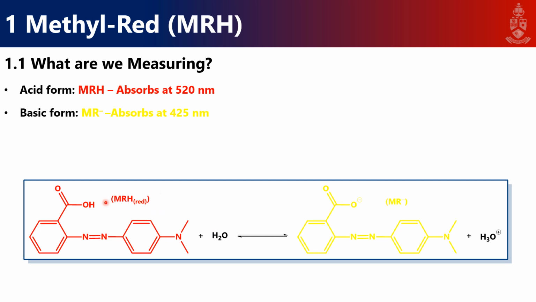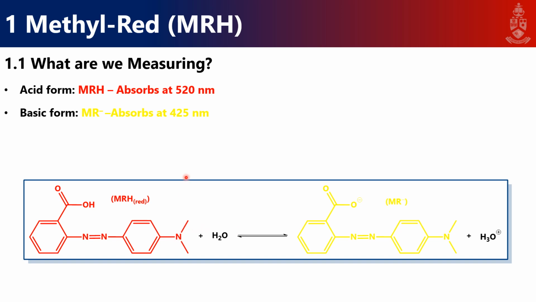Just to explain a little bit more, in terms of what you've seen in your prep guide, we have the protonated version, and then we have the deprotonated version. You see all the action is happening at this acidic proton in the MRH molecule, the methyl red molecule, and at a certain pKa there is this equilibrium, which has the switch over from the acidic form to the basic form, which is what we want to calculate.